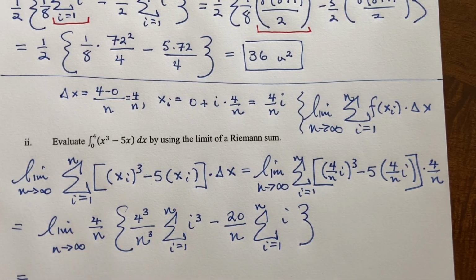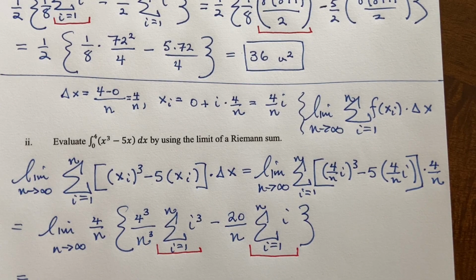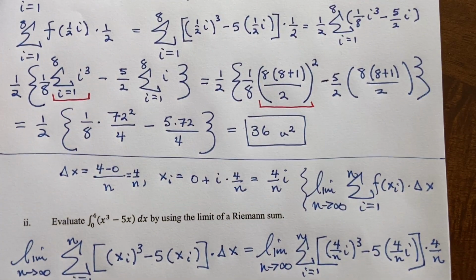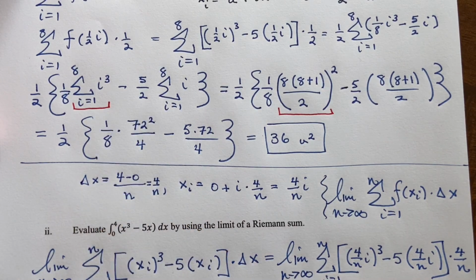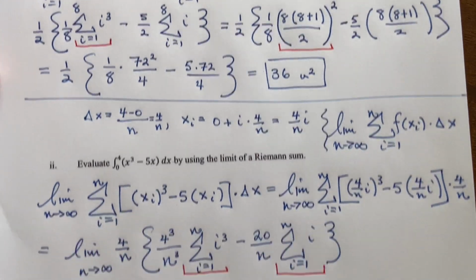Let's continue. So now that I have the sums defined with respect to i cubed and i, we can make those similar replacements that we did up here, except instead of having 8s, I'm going to have n's.